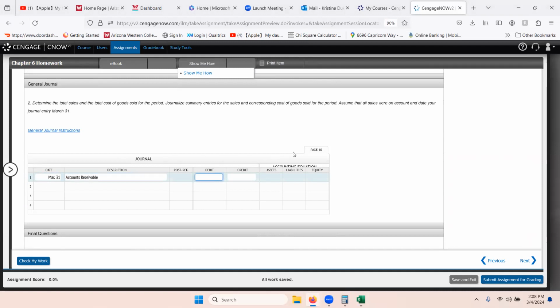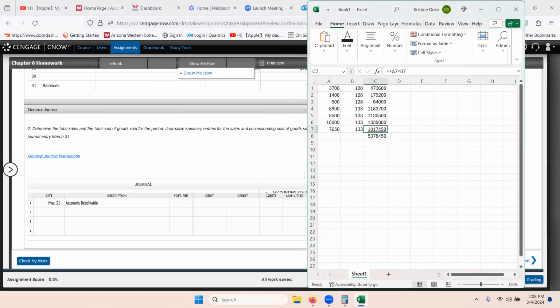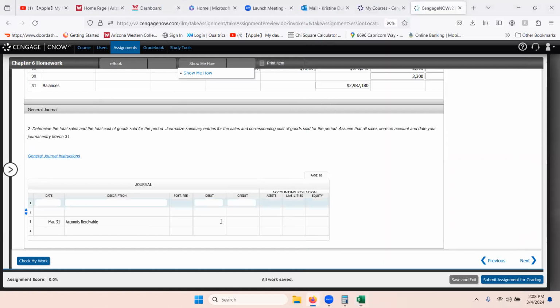And so what is going to be my debit? Well, my debit is going to be that these people owe us 5,378,450. Okay. Well, this is no fun. I just lost my March 31st. That's okay. I'll fix it. And accounts receivable.